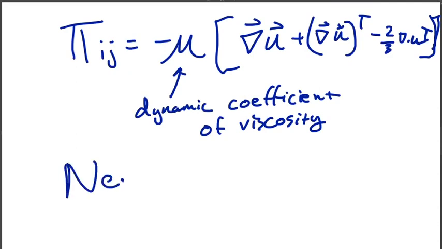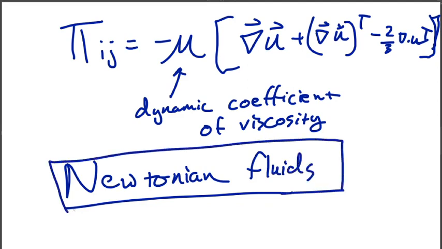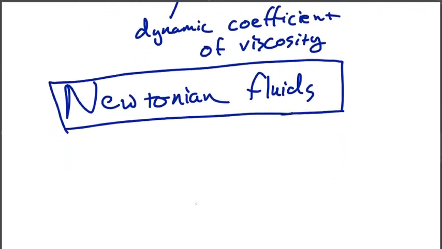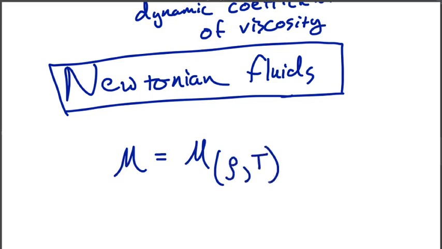These are fluids which have a few interesting effects, and they're the fluids that we are often used to dealing with in our day-to-day lives. So not all fluids that we deal with are Newtonian fluids. Newtonian fluids have the characteristic that the coefficient of viscosity is a function of the thermodynamic density and temperature only.